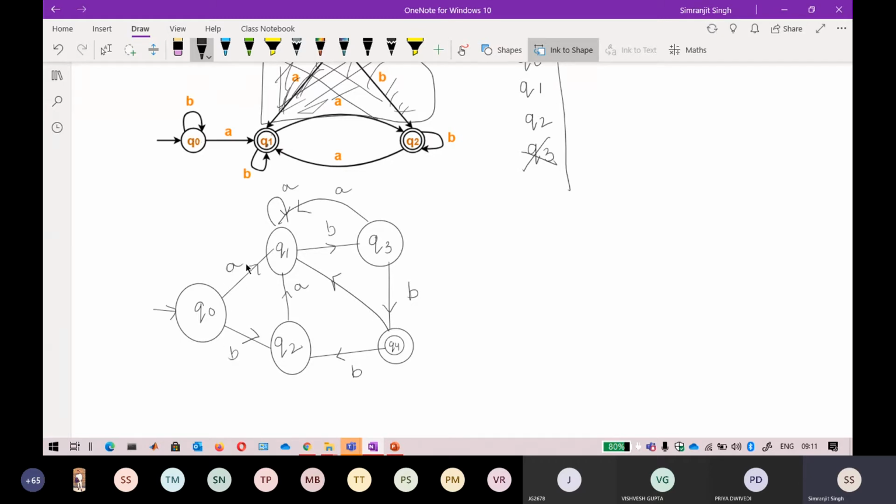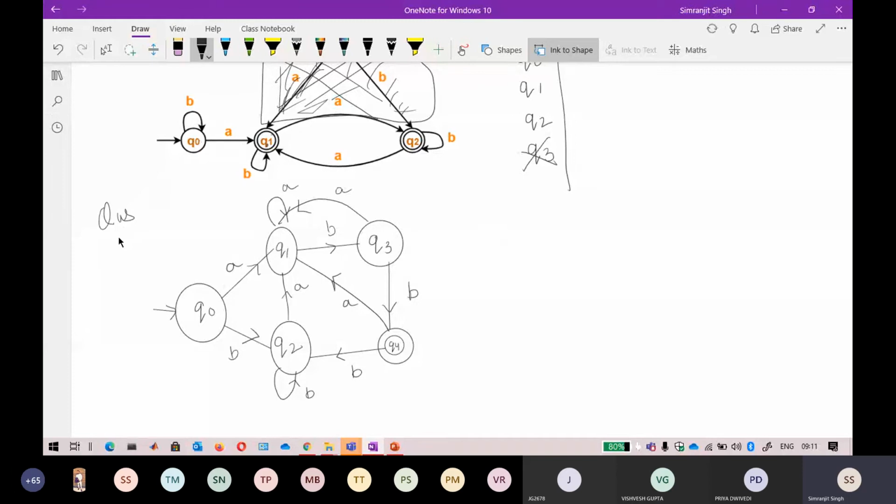A and B are defined on Q0, A and B are defined on Q1, A and B are defined on Q3, A is defined at Q4, and B is defined again on Q2. Consider this a question.